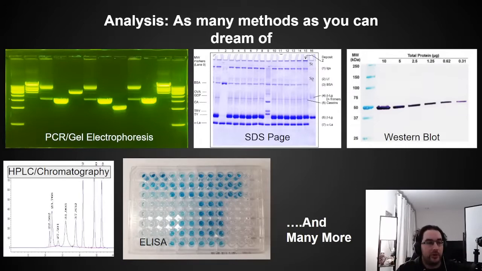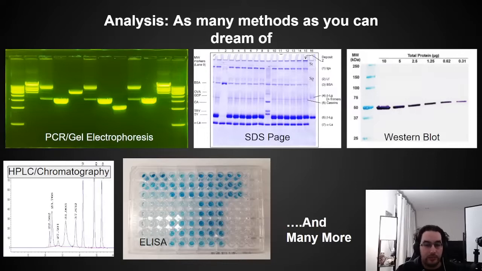You can see the wells at the top of the gel here, these little slits. You put the DNA solution in there, and then you use electricity to drag the DNA down through the gel, and it'll separate based on size. So from that, you can go, okay, yes, my piece of DNA is the right size, or my PCR reaction worked because it made a product of the right size, or whatever the case may be.